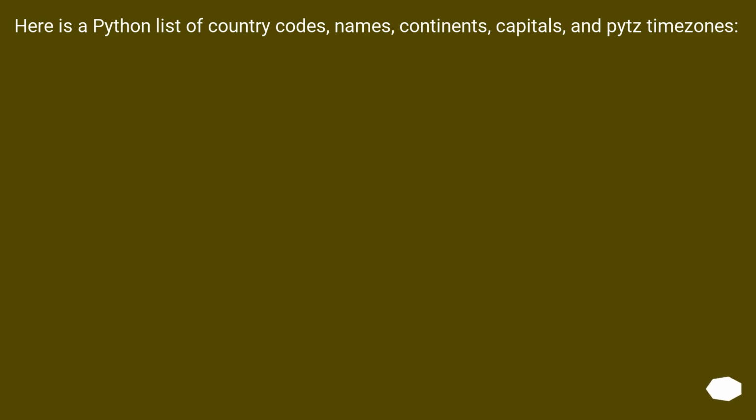Here is a Python list of country codes, names, continents, capitals, and Pytz timezones.